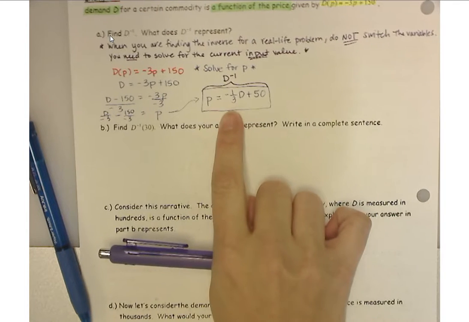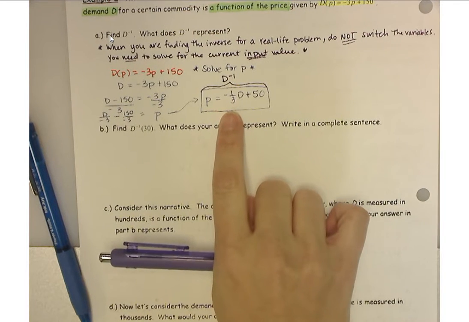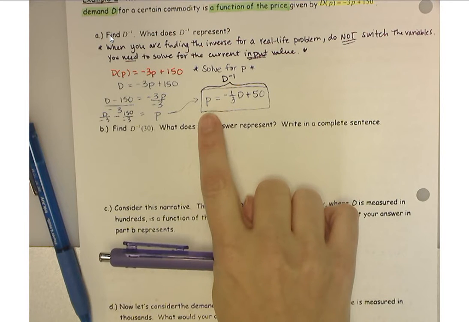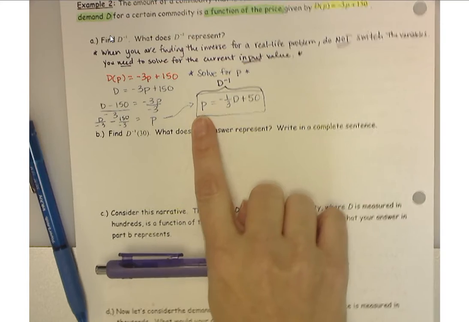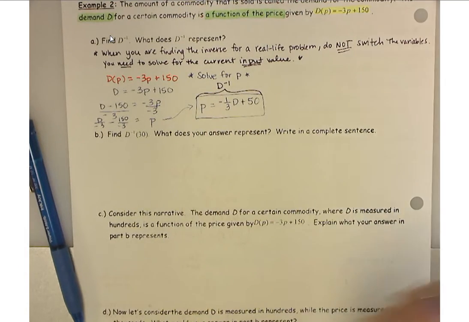Now you can see D is going to be your input, P is going to be your output. You're going to plug in the demand, you get out the price. So we're going to explain what this represents.